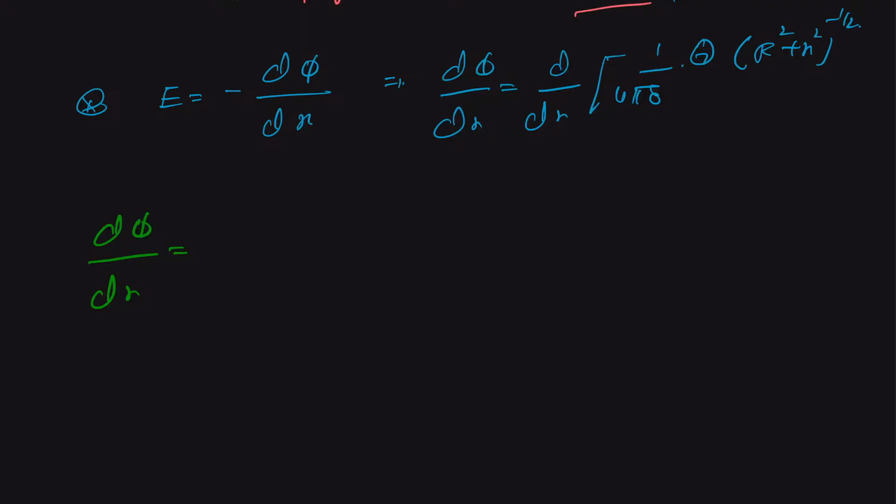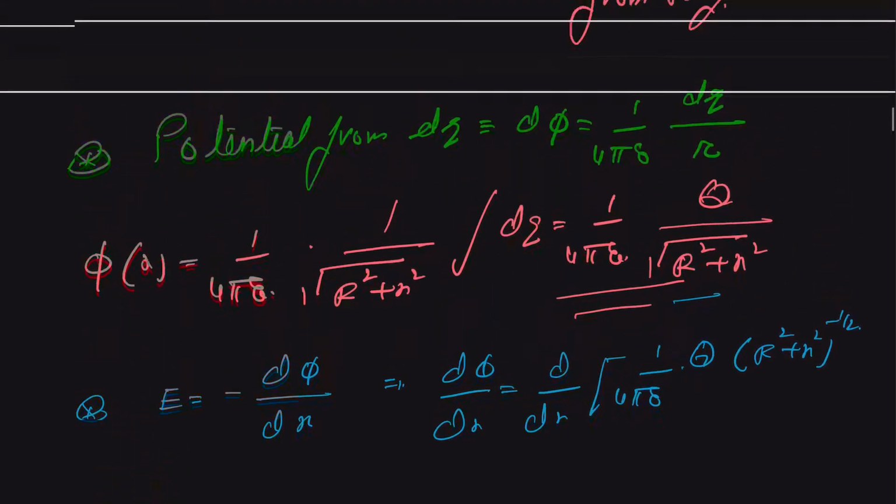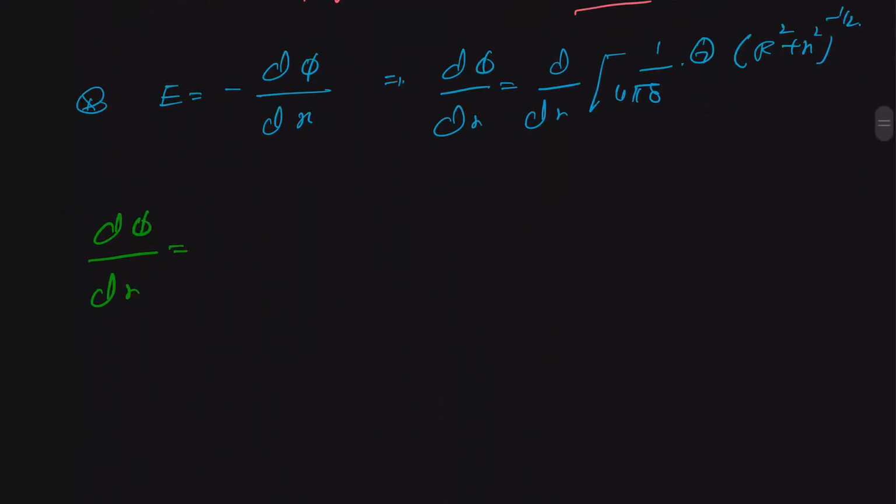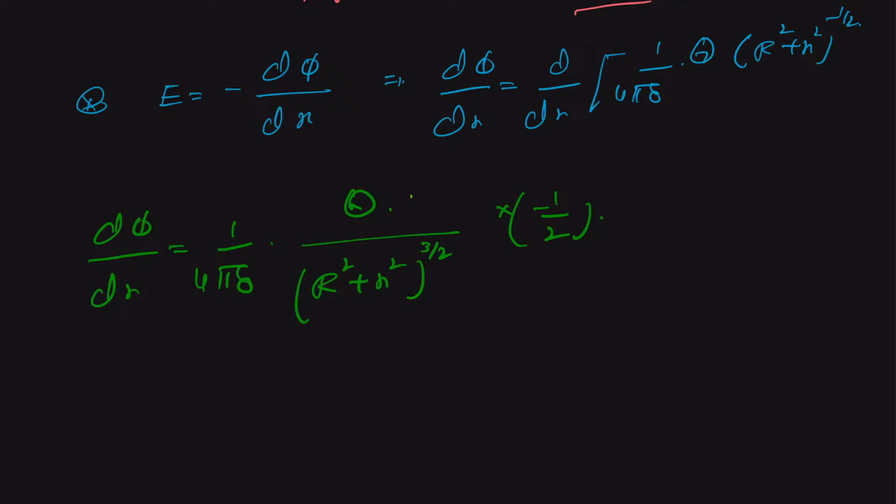So we get 1 upon 4 pi epsilon naught, q, minus 1 by 2, and (r square plus x square) to the power 3 by 2, and the derivative of x squared, that is 2x.